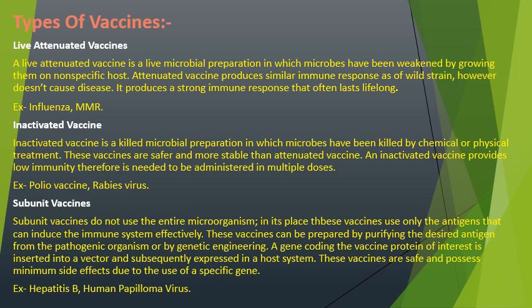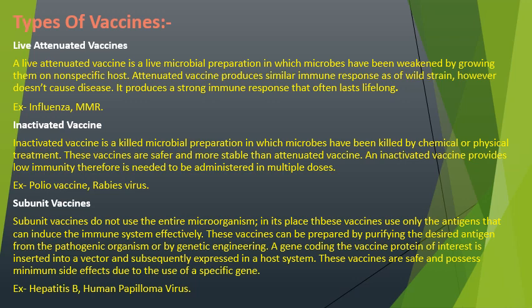The next type is subunit vaccines. The subunit vaccines do not use the entire microorganisms. In their place, these vaccines use only the antigens that can induce the immune system to activate. These vaccines can be prepared by purifying the desired antigen from the pathogenic organism or by genetic engineering or gene coding.